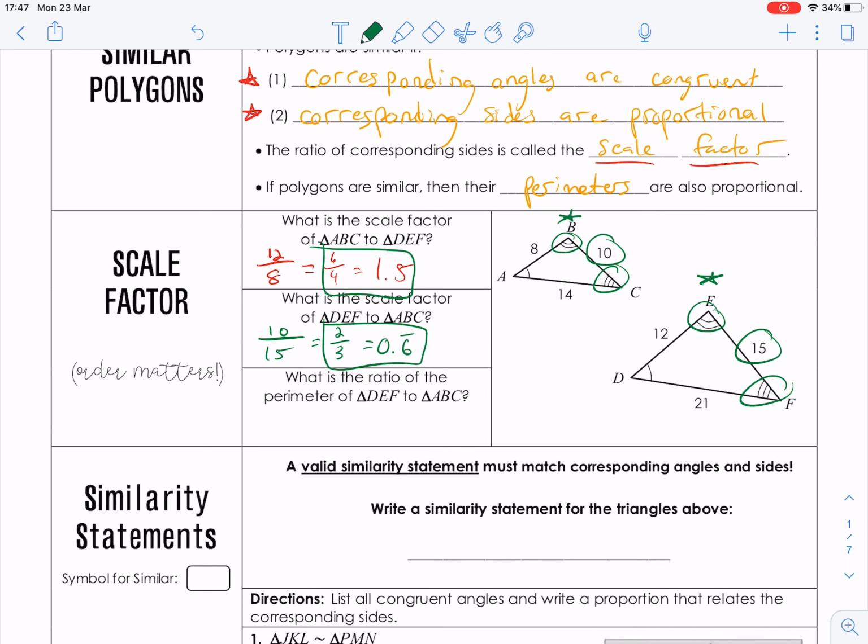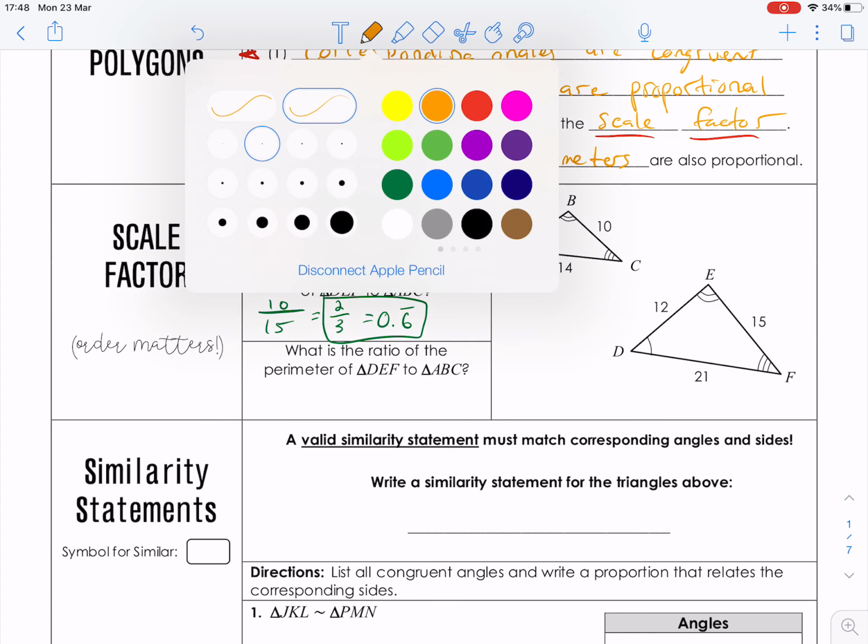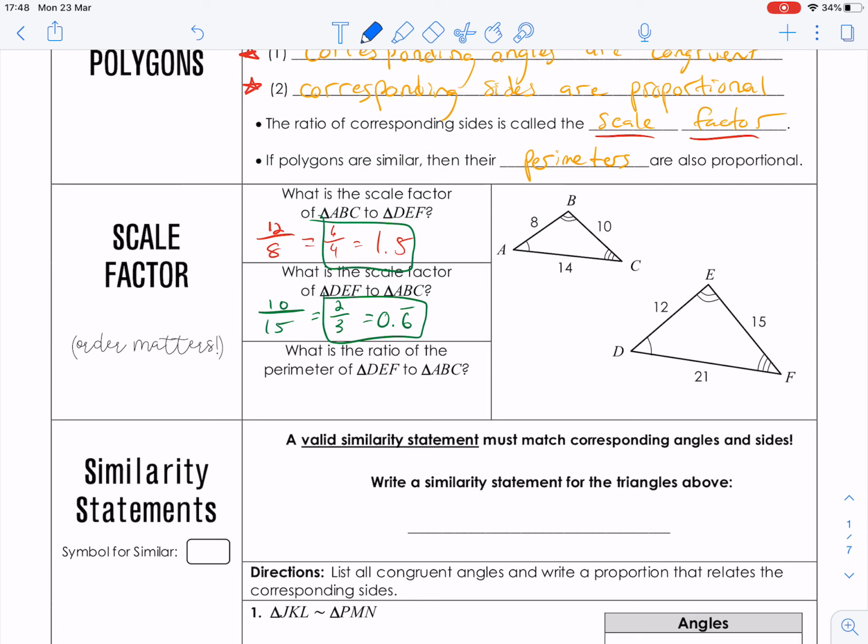So let's figure out what the perimeter ratio is if we're going from the bigger one to the smaller one. So if we're going from the big triangle to the little triangle, let's first count the perimeter of the big triangle. The big triangle is 12 plus 15 plus 21. That's equal to, let's see, 27, 37, 47, 48.